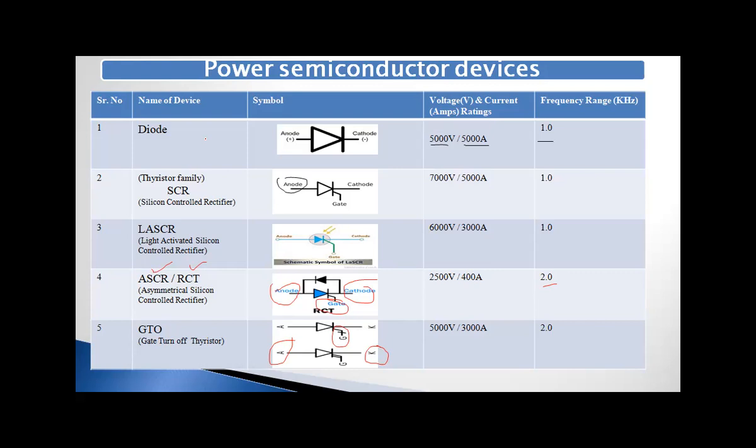Uncontrolled means diode. Diode is not a controlling device, so the diode is considered an uncontrolled device. Semi-controlled is the thyristor, and fully controlled are the transistors. So these are the basic devices, symbols and ratings of the power semiconductor devices.